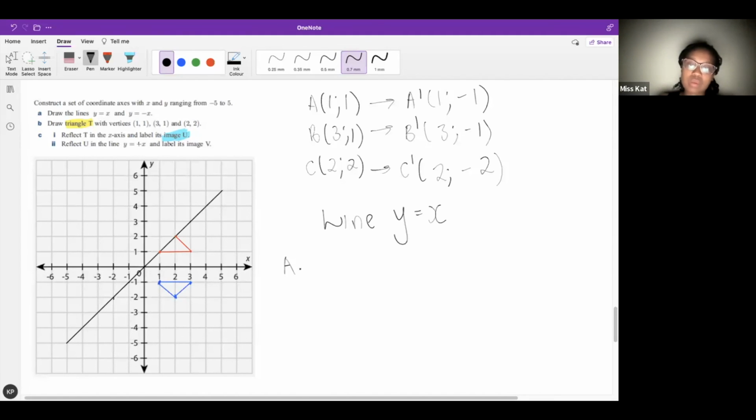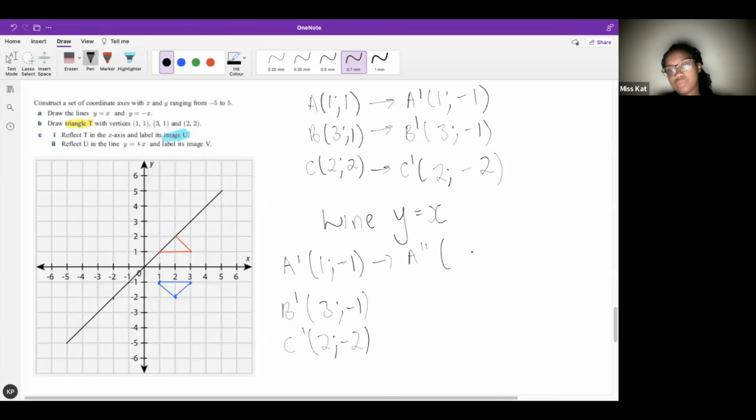So we're going to start with A prime, which was 1, -1. B prime, which was 3, -1. And C prime, which was 2 and -2. Okay, so first one will be what? We use double primes now. There we go, -1 and 1, because we swapped them.